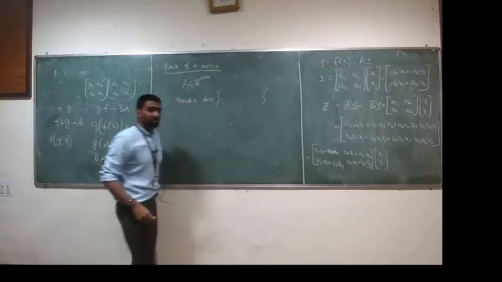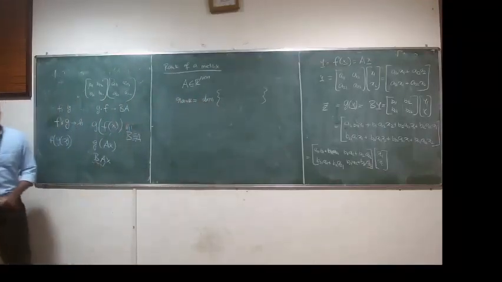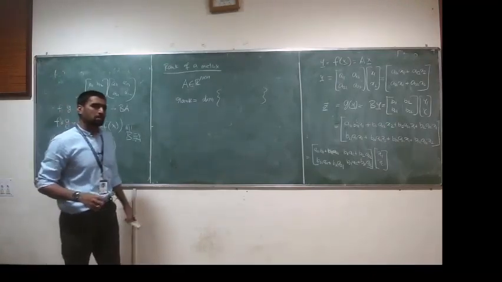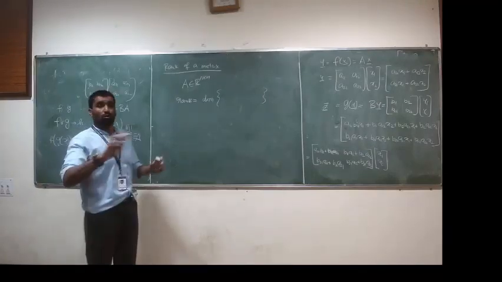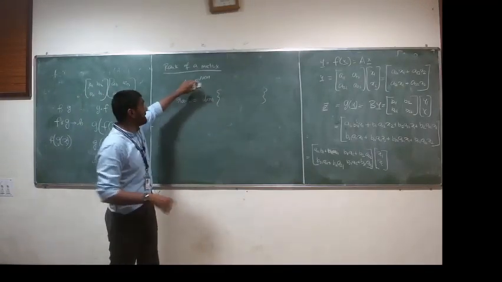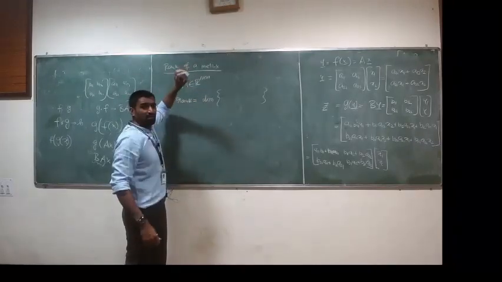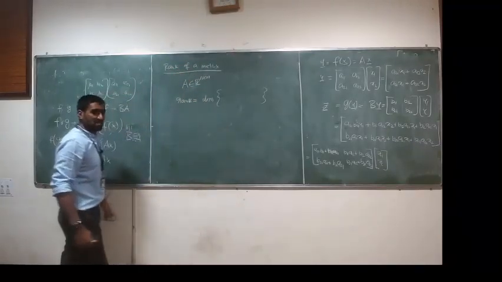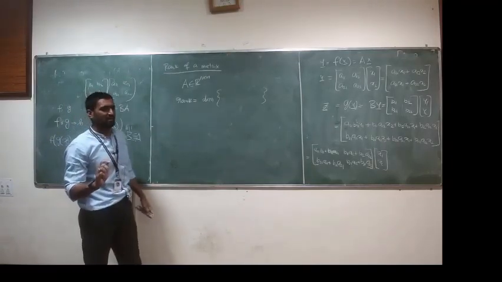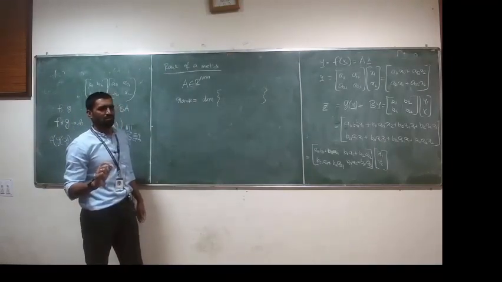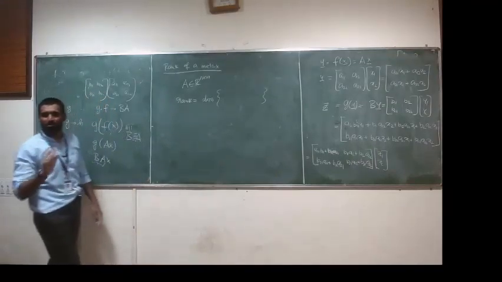What is the dimension of a subspace? Forget about a matrix. I'm simply asking what is the dimension of a subspace? Not the number of elements. What is the dimension of a vector space?